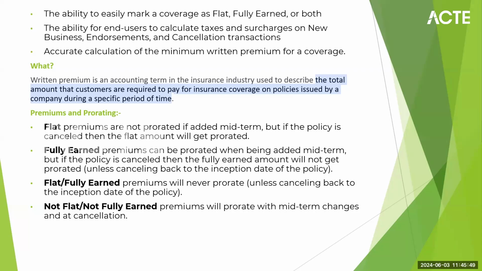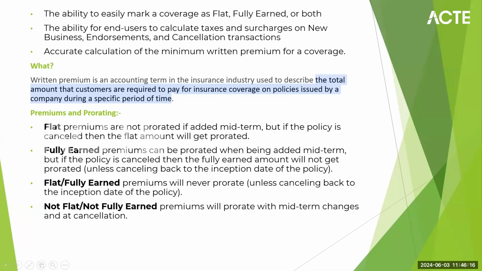When he wants to cancel, the amount applicable for the remaining 6 months will be returned to the customer. In that case, that is called flat premium. The flat amount will be prorated, nothing but it will be returned to the customer.